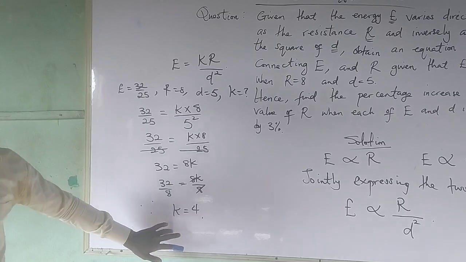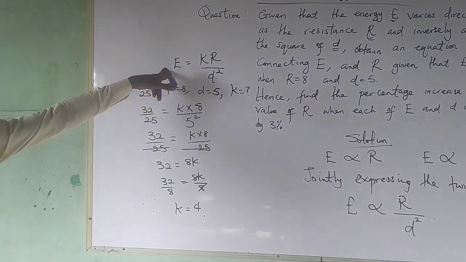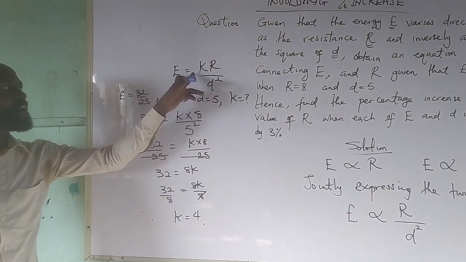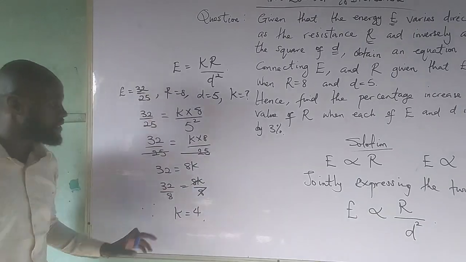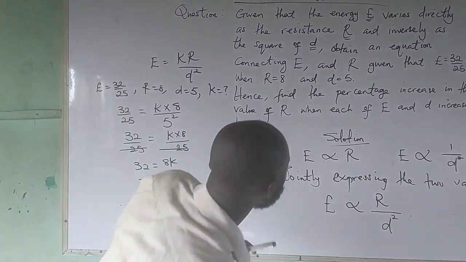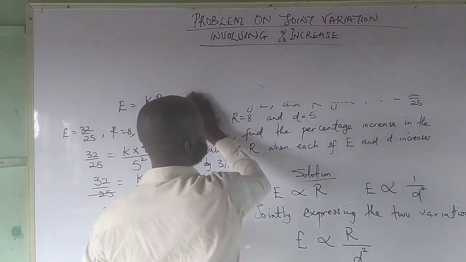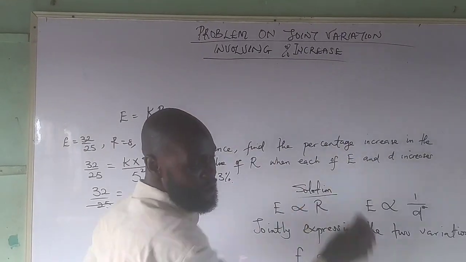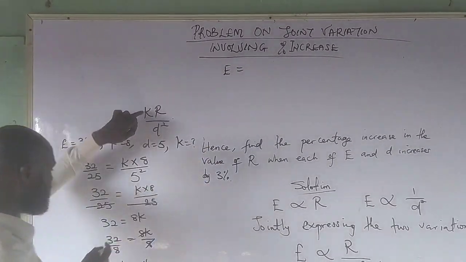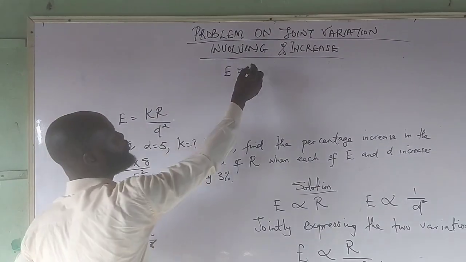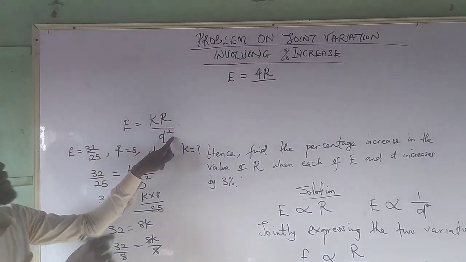So let's substitute this value into this equation. The equation will now become E equals K, where we find K, we write 4. So therefore, we are going to have E equals 4R divided by D squared.